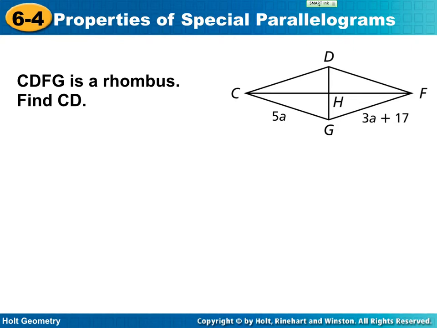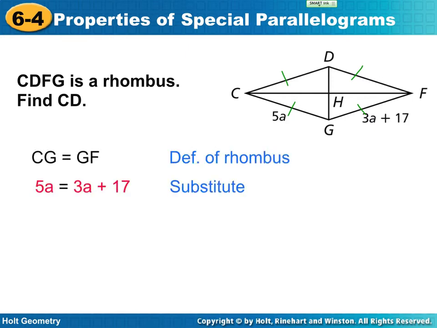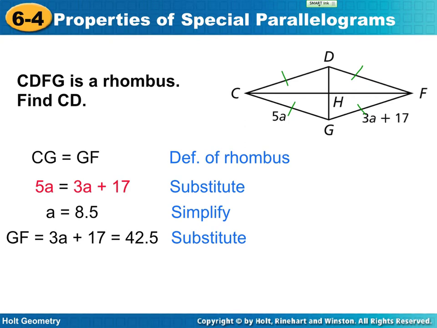So do more thinking. Why is 5A going to equal 3A plus 17? Because it's a rhombus, all the sides are congruent. That's the definition of a rhombus we're using. So we would subtract 3A and divide 17 by 2. So A was 8.5.